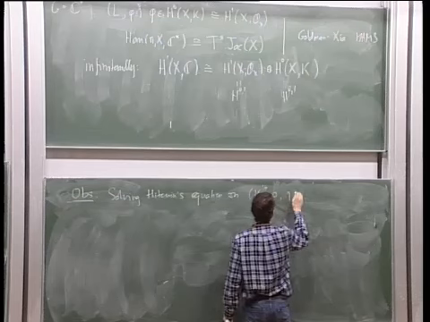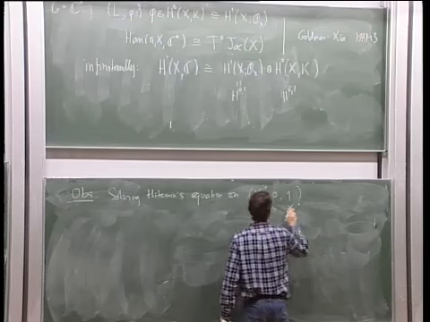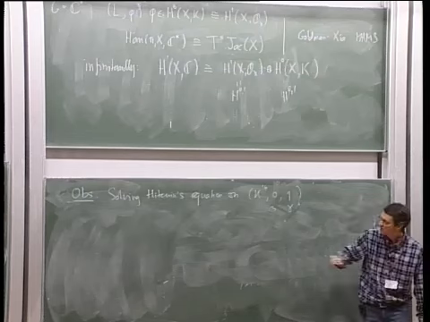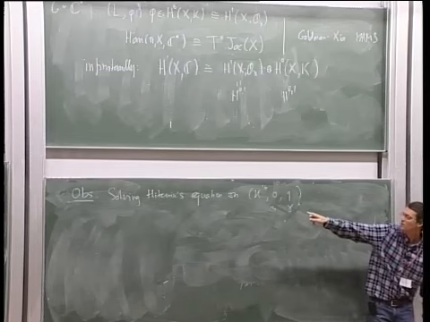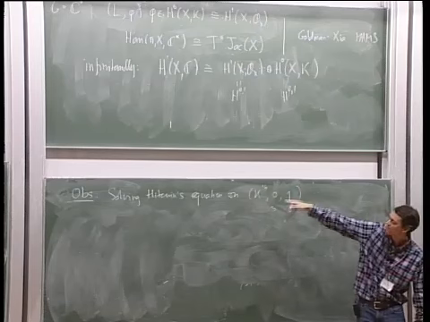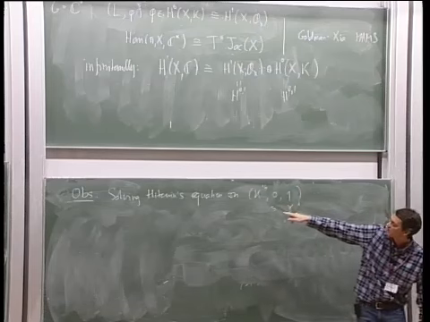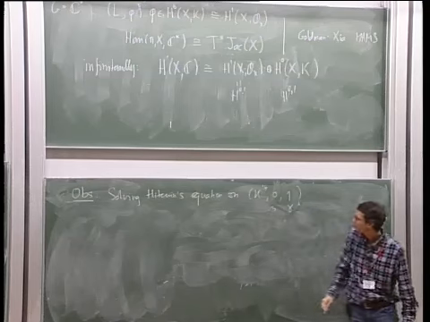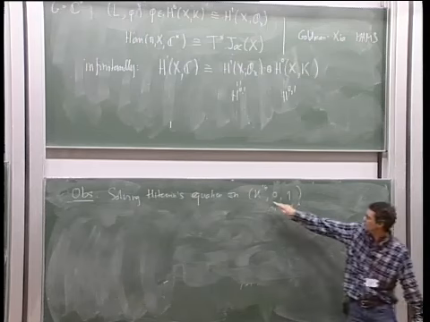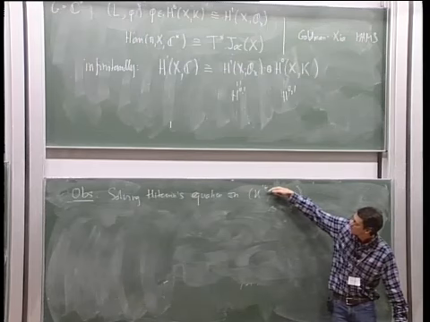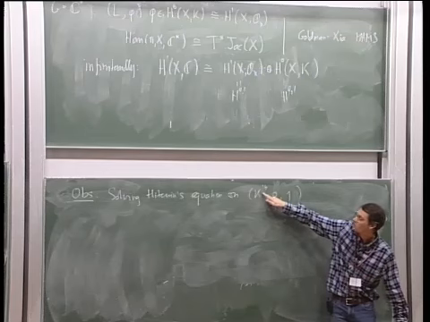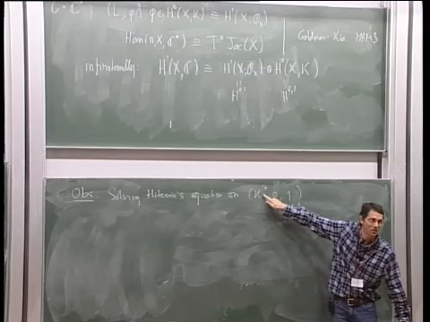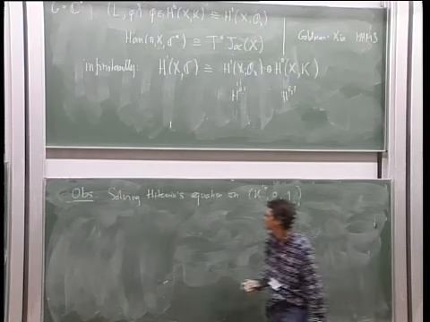So beta is 0, gamma is 1. This is in fact a stable SL2 Higgs bundle. So by the theorem of Hitchin and Simpson, there is a solution to Hitchin's equations, which we can think of as a unitary reduction of this to U1. So it's a Hermitian metric on K^(1/2).